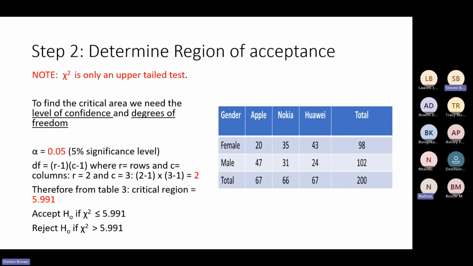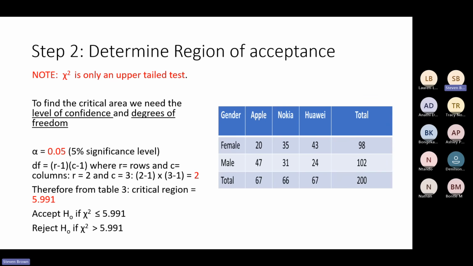R stands for row, C stands for column. How many rows excluding the total? 1, 2. How many columns excluding the total? 1, 2, 3. So 2-1 is 1, and 3-1 is 2, which comes to 2 when you multiply them together.